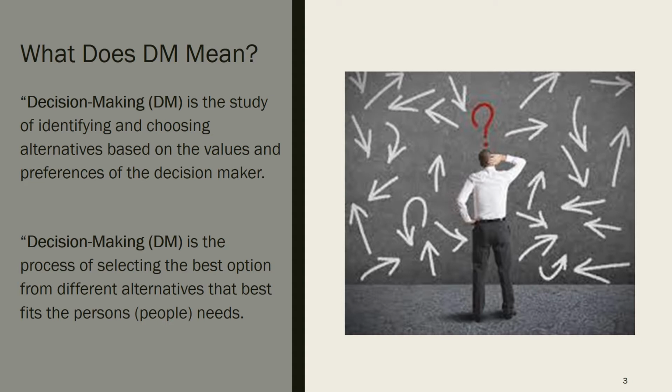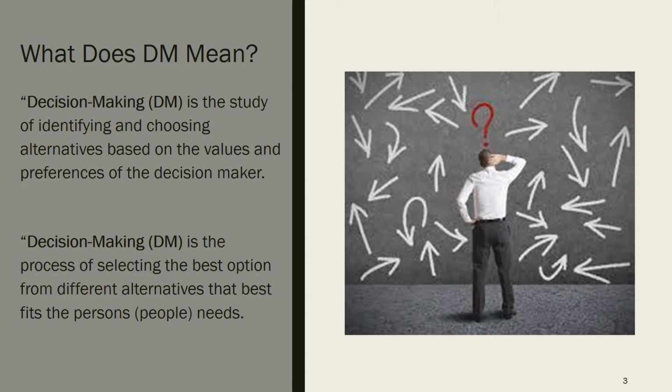So let's start with what we mean by decision-making. We usually have this kind of situation when we have to select between more than one option, if we have two options or more to select between.